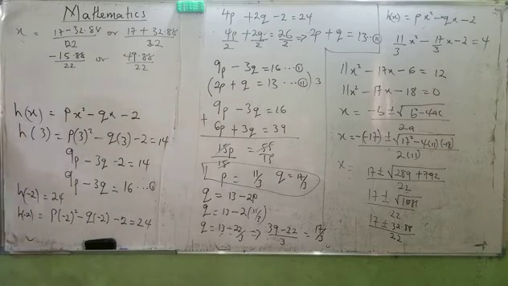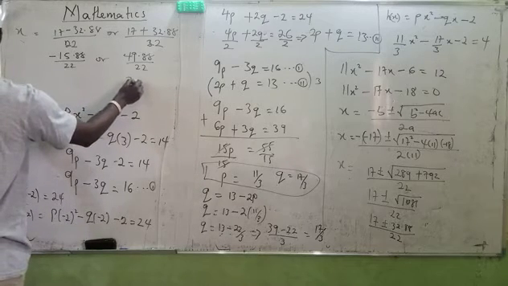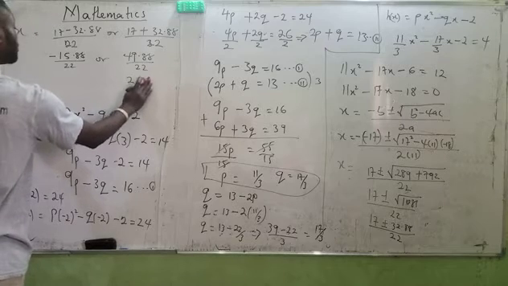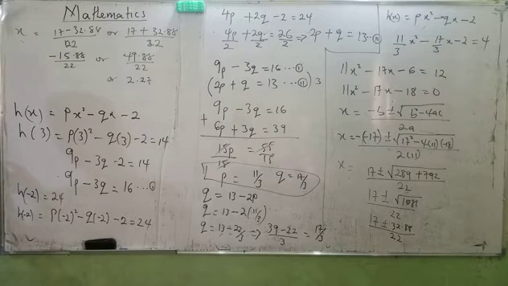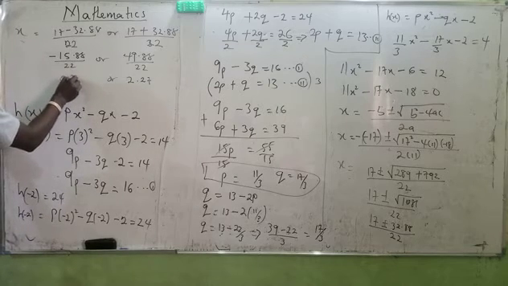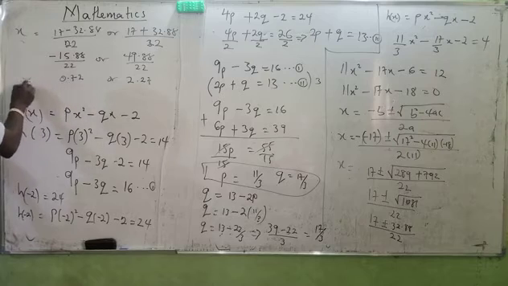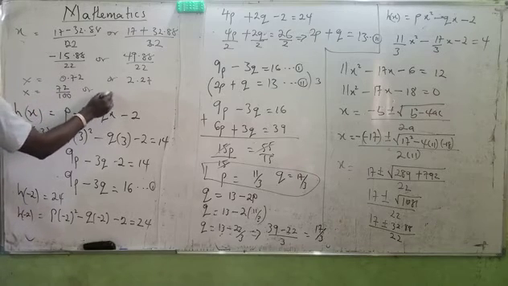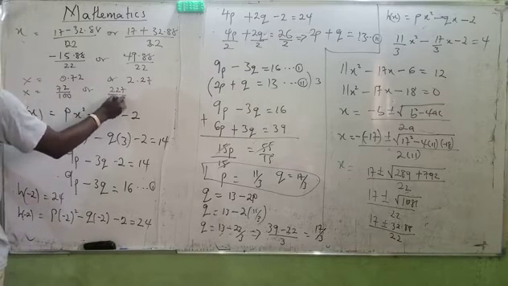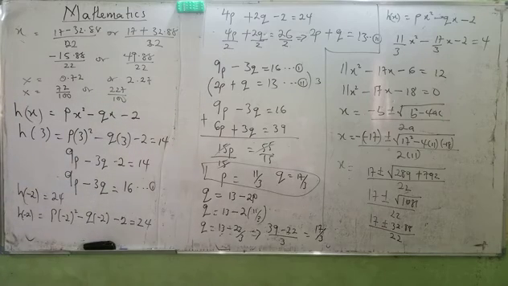Divided by 22, I'll be having 2.27, or 15.88 divided by 22. That will be 0.72, that is the value of x. It means I can easily say that x can be equal to 72 divided by 100, or 227 divided by 100. Either of the two, and you are good to go.